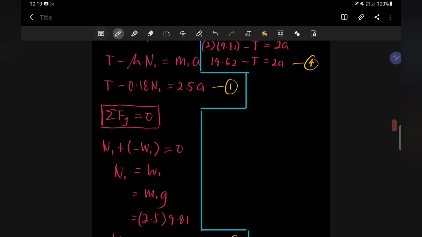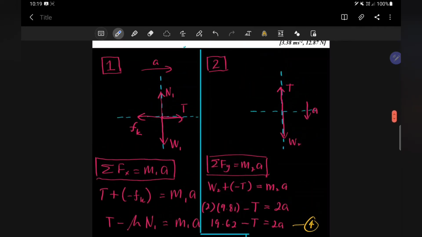Okay, and then we just refer to the second free body diagram. So take out the third equation. Everything is just on the y component. Again, a is downward, so downward force is positive, upward force is negative because it is against the motion, isn't it? So in this case, the sum of Fy equals m2 a, because we are talking about the second body.